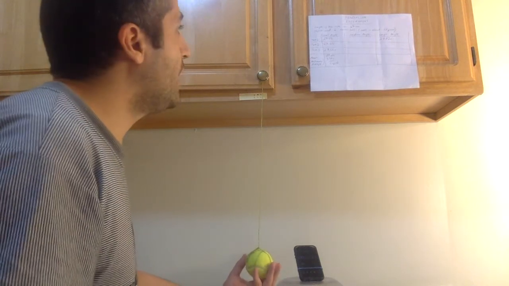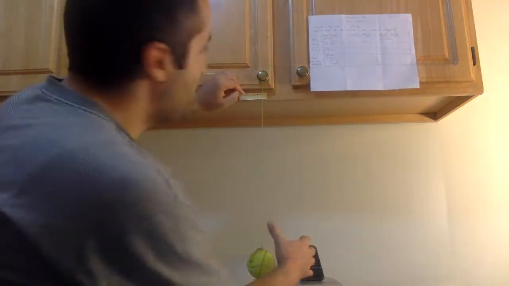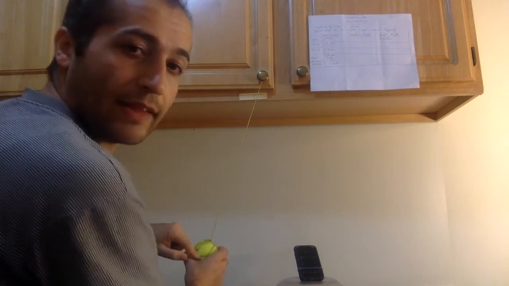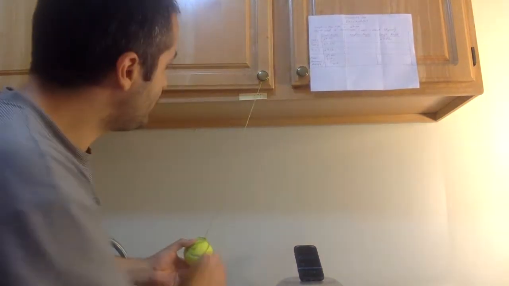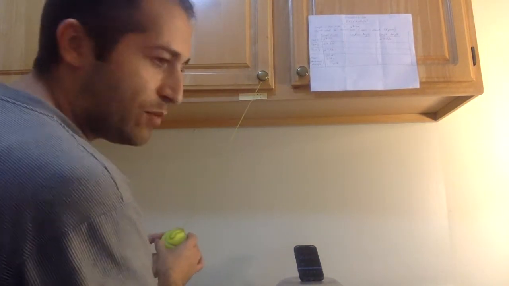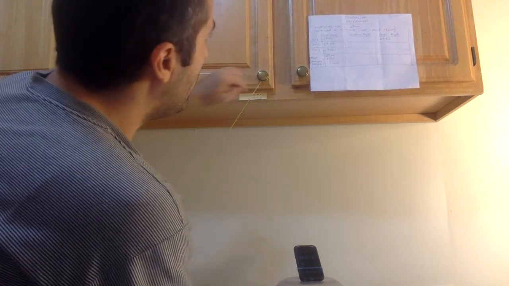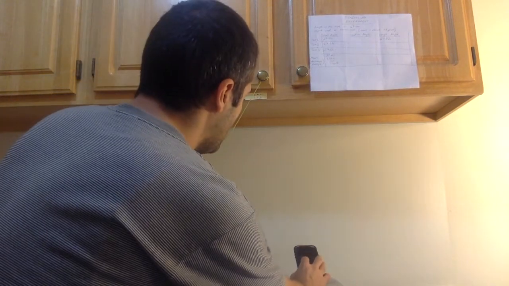So to do that, I need to repeat exactly the same experiment with the same length of rope and with the same object and with the same large angle. Let's repeat it again.